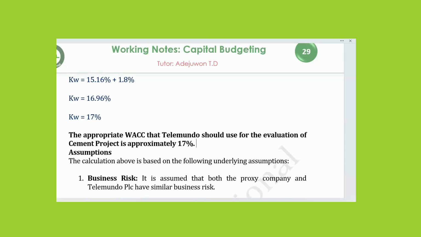Okay. This is the current WACC. Let me put it this way. The current WACC of 11%. Is it 11%? I think so. Let me write it down first.